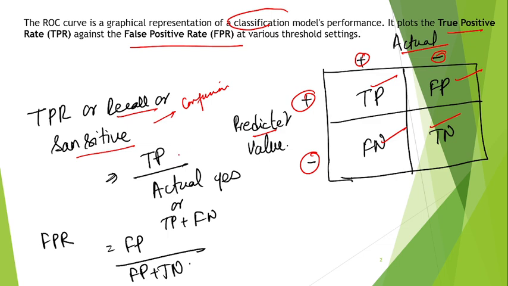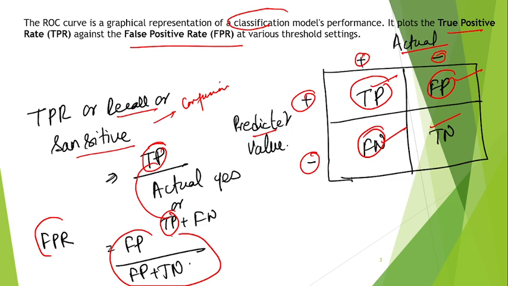TPR is TP divided by actual positives, that is TP plus FN. And what is FPR? FPR is nothing but FP divided by FP plus TN. This we got.